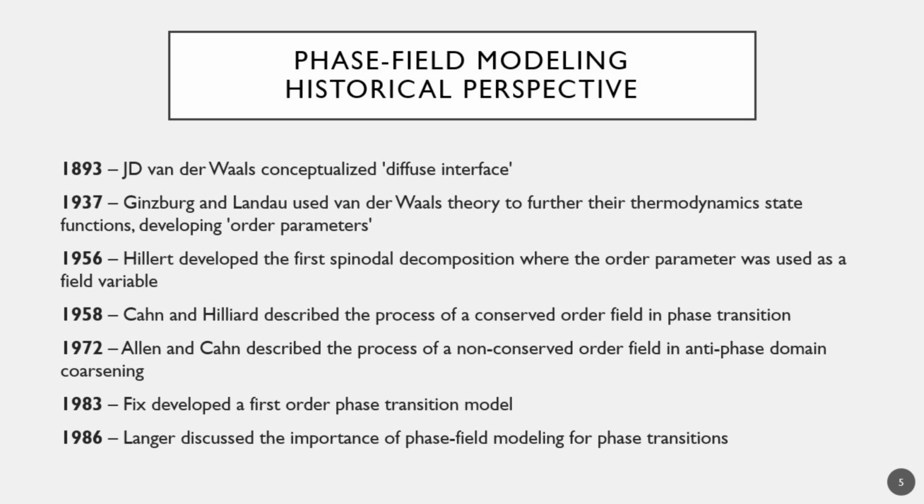These two governing equations, Kahn-Hillard for conserved systems and Allen-Kahn for non-conserved, are still foundational in modern PFMs. By the 1980s, Fix developed a first-order transition model, and Langer emphasized the importance of phase field approaches in studying complex microstructural phenomena. So while PFMs feel modern because of their numerical and computational complexity, they actually rest on over a century of theoretical physics and material science development.